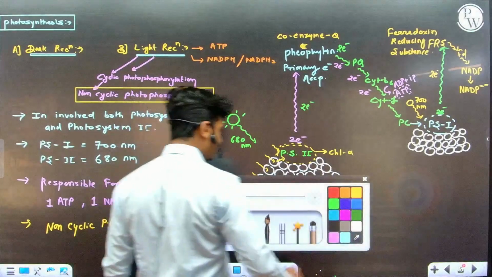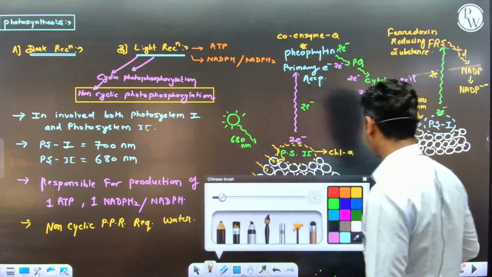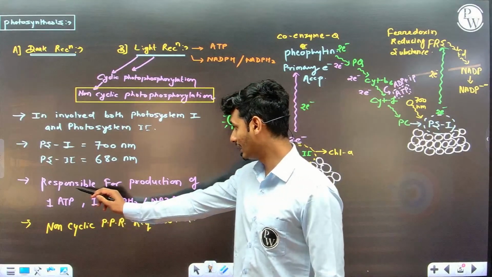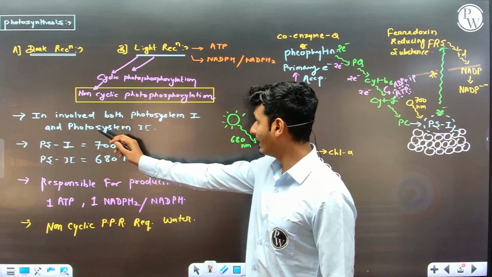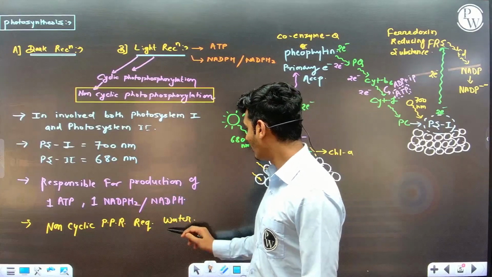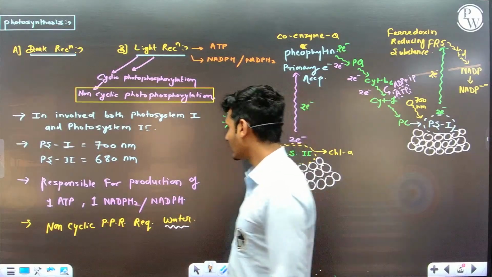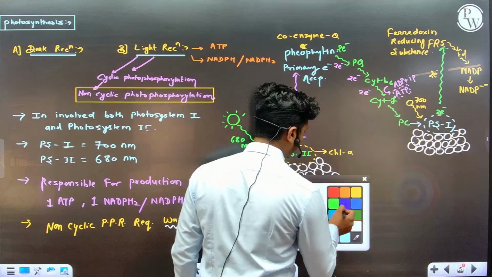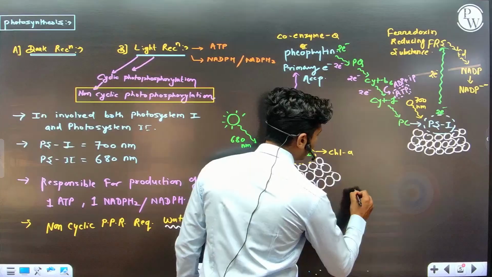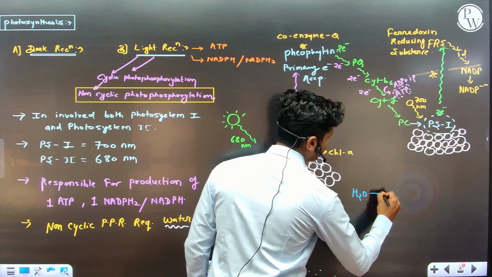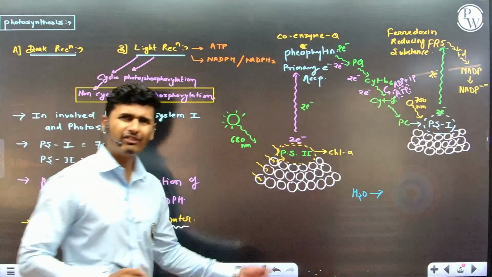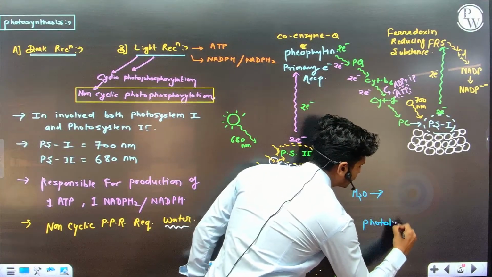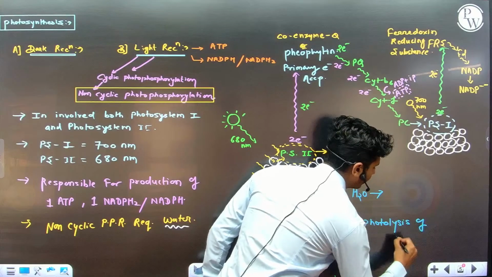So here comes the last point of this non-cyclic photophosphorylation, that it requires water. Now, H2O molecule. Now here is the role of H2O. H2O molecule is split. It is the photolysis of water, which is called photolysis of H2O.